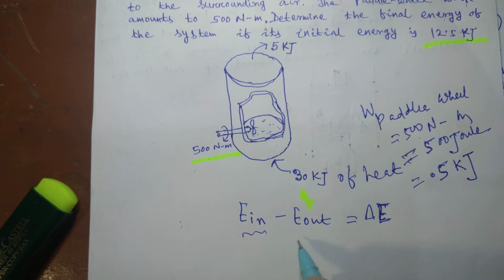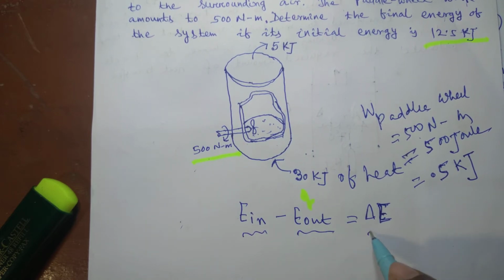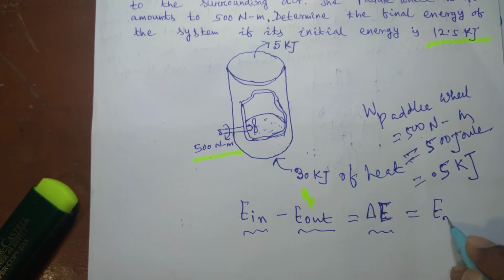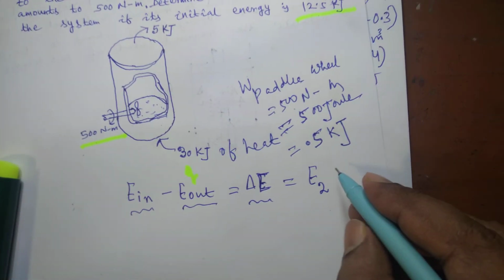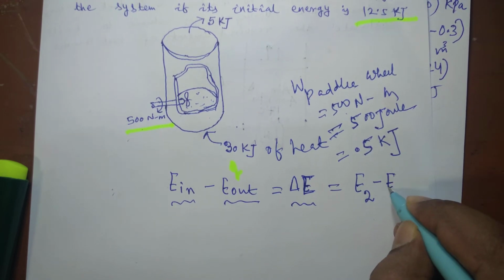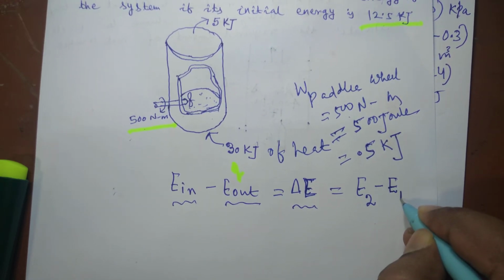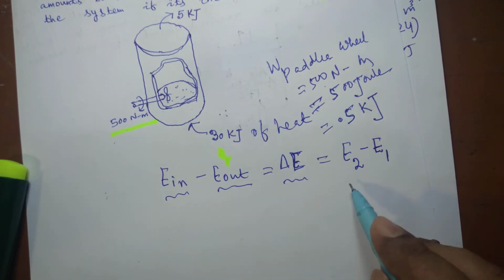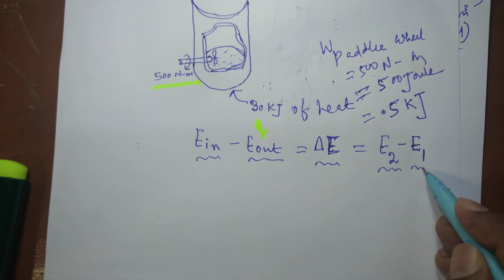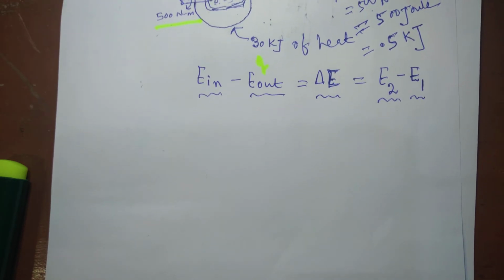E in minus E out is equal to delta E, which is nothing but the change in energy of the system when the system undergoes a process. Delta E is equal to E2 minus E1. E2 is the energy of water at state 2 and E1 is the energy of water at state 1.